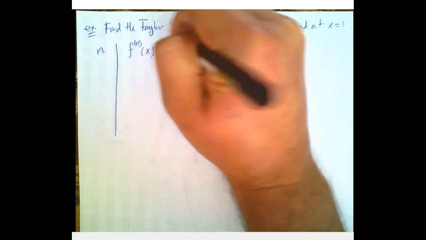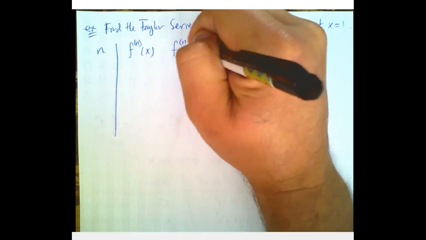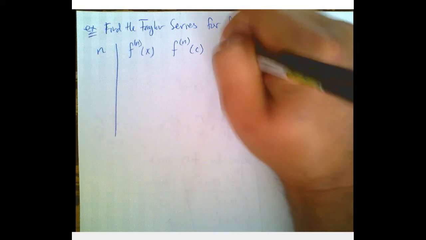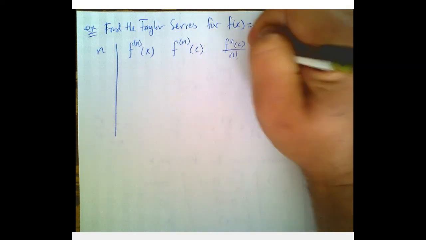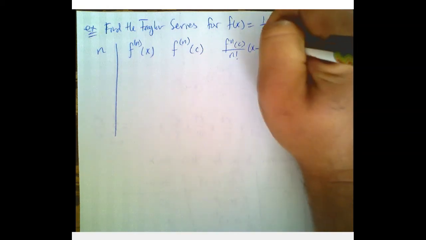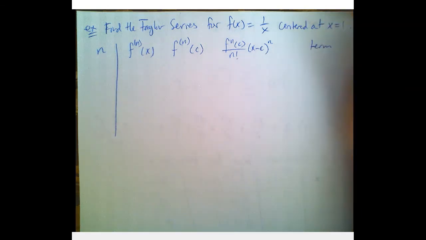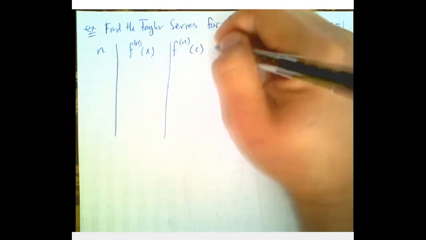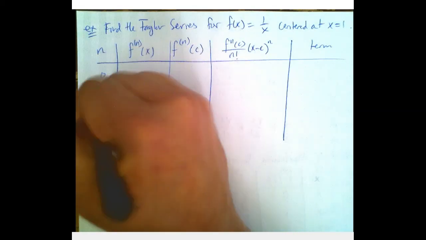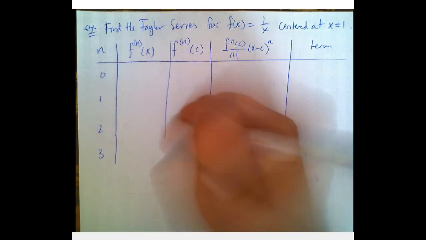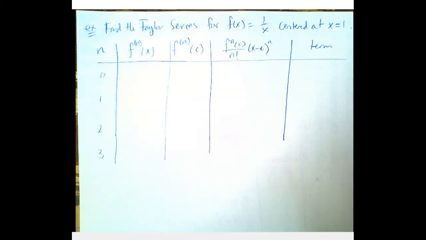It's an easy way to do this. So 0, 1, 2, 3.